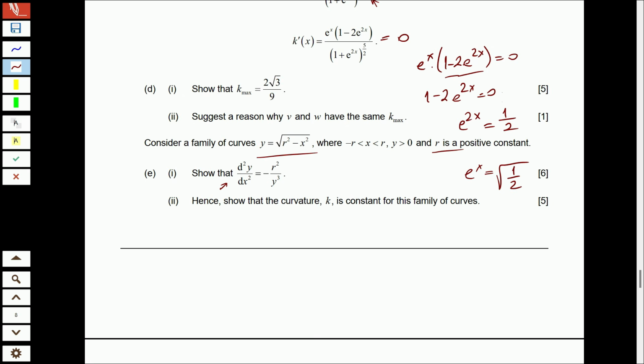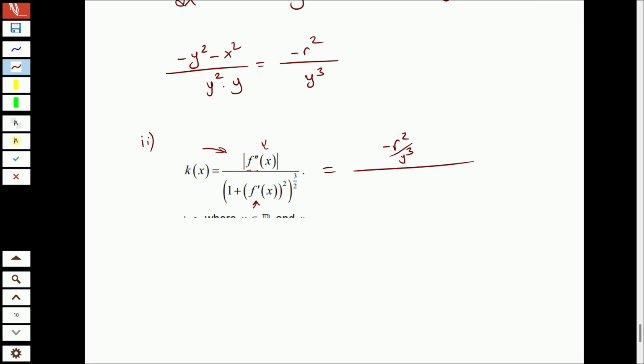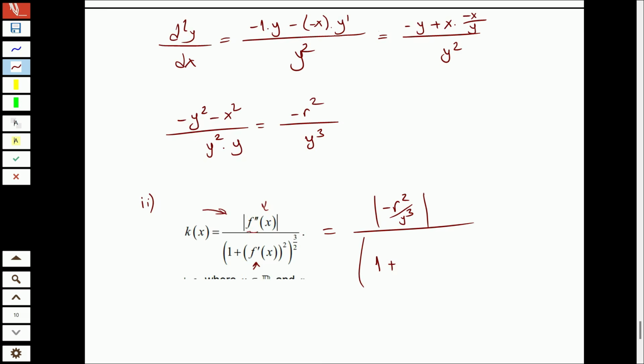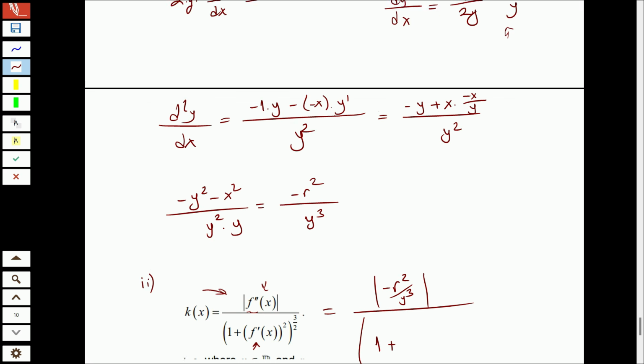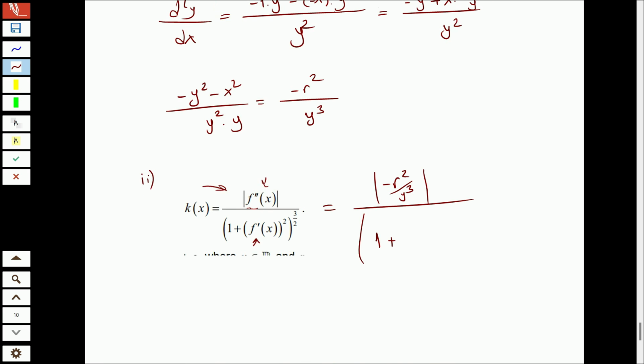Okay. It says the absolute value, but r is a positive constant already, so I will write maybe without minus, or in absolute value you can write. At the denominator, 1 plus the square of the first derivative, it is this one, x squared divided by y squared, to the power of 3 over 2.